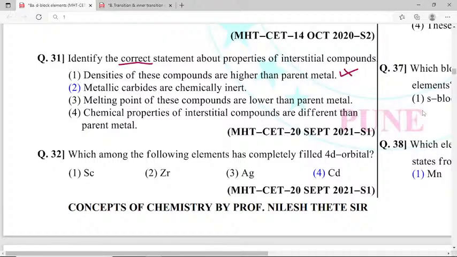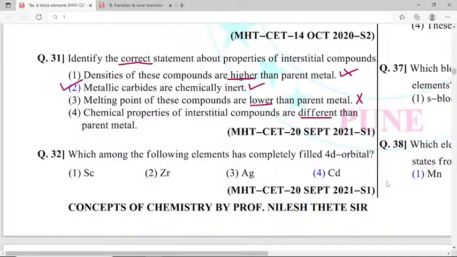Metallic carbides are chemically inert. Yes, it is correct. Melting point of these compounds is lower than parent metal. No, this is not lower, this is higher. Chemical properties of interstitial compound are different than the parent metal. No, this is not different, this is identical.